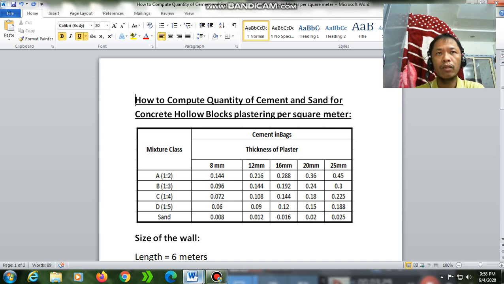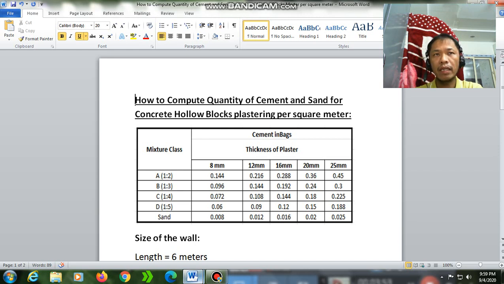So, kung makita niyo dito, ito yung table na may mixture na class A, which is 1:2, class B 1:3, class C 1:4, class D 1:5, and the sand. This is the cement required in bags.